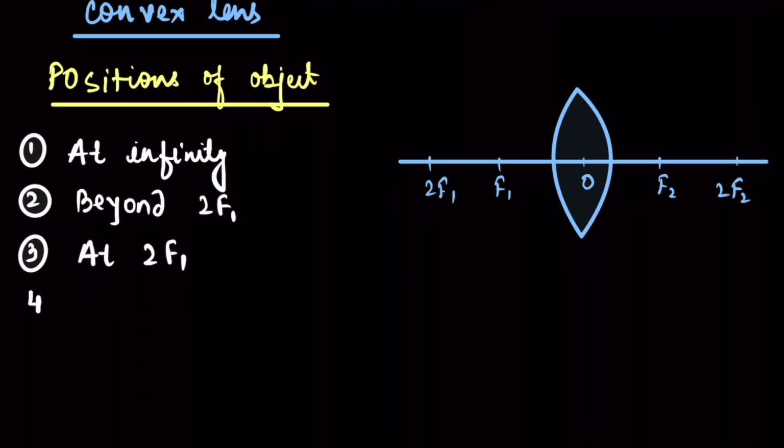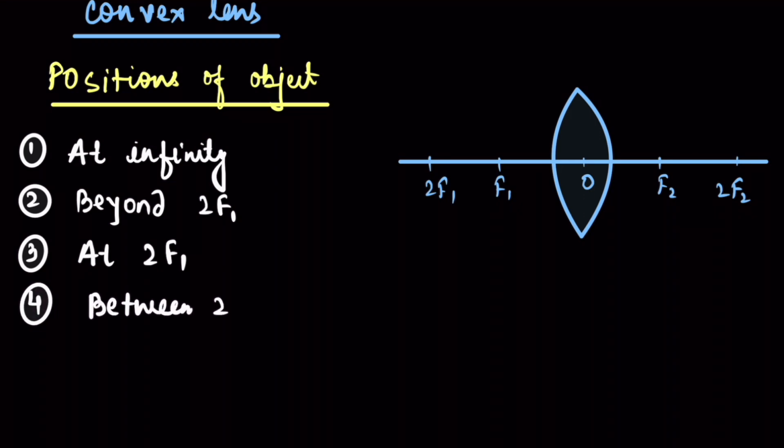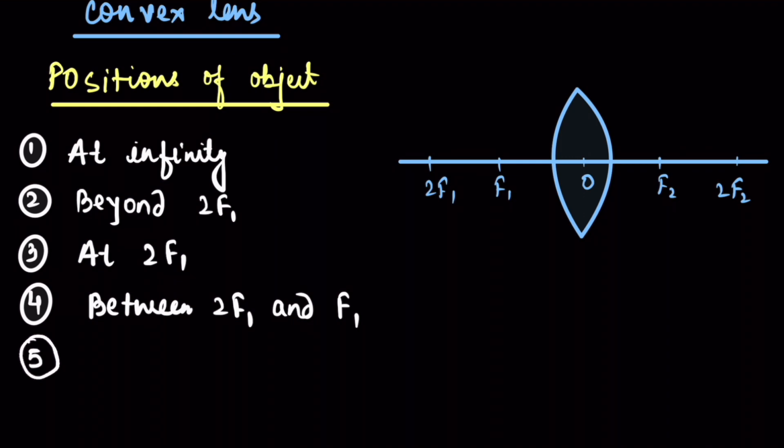Fourth is when the object is between 2f1 and f1. Fifth is when the object is at f1.